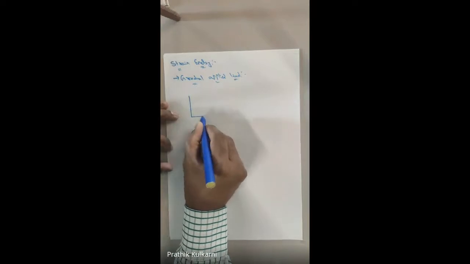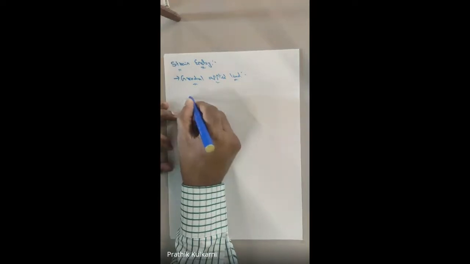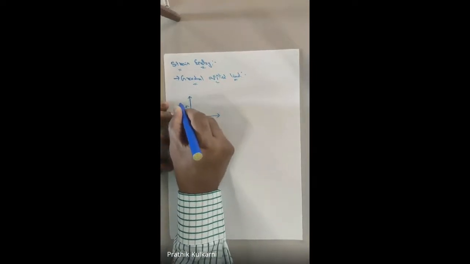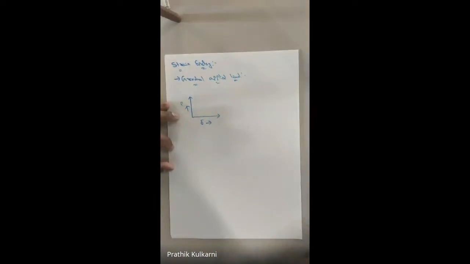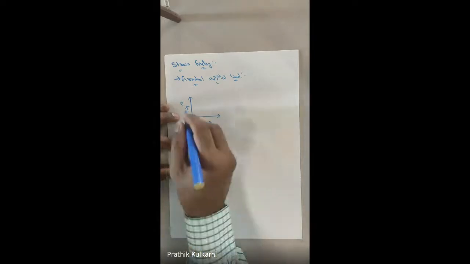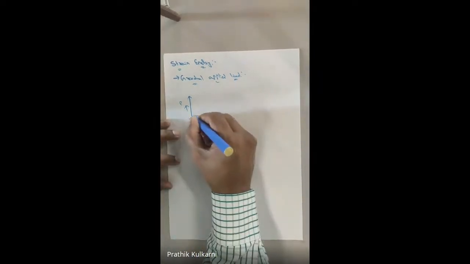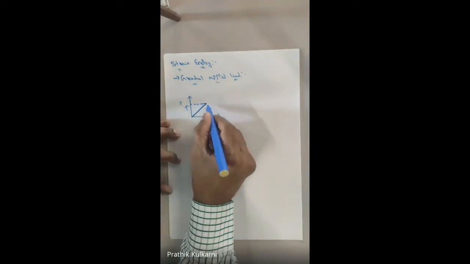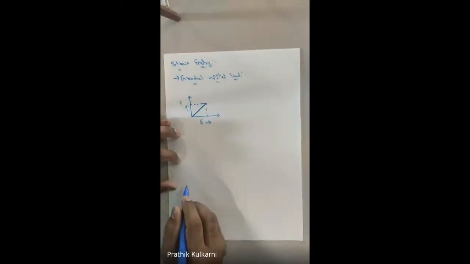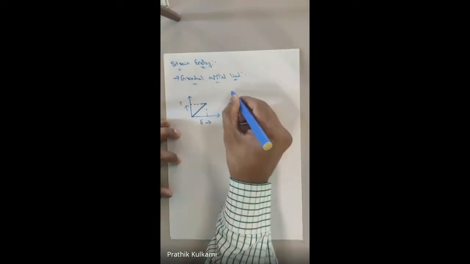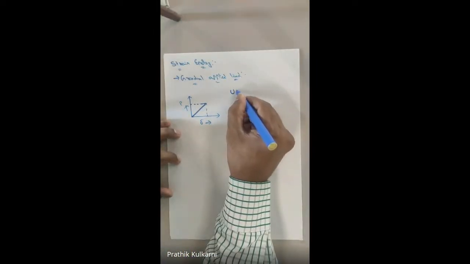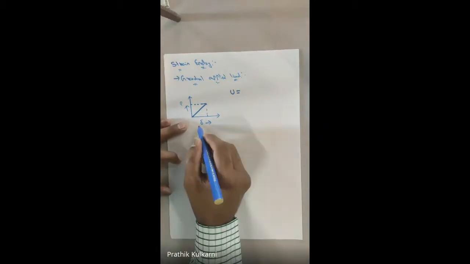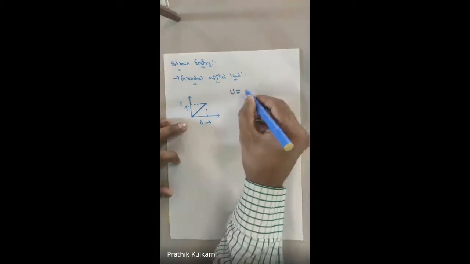For this one, if you draw the curve of your deflection versus your load, then it will be a straight line. Why? Because strain energy is represented as U, and U is equal to the work done, which is half into base into height.